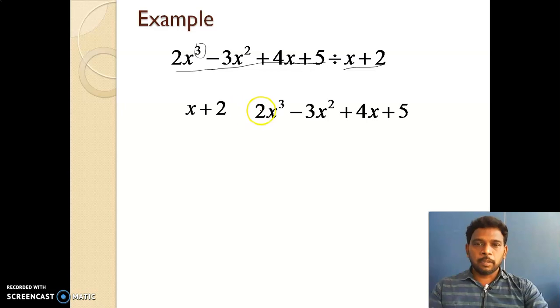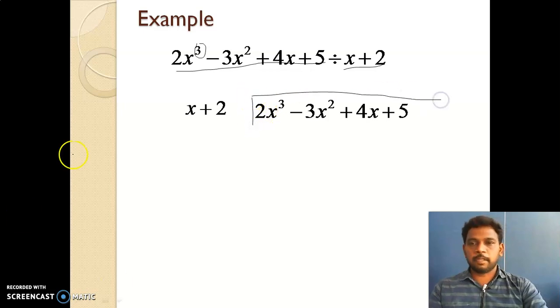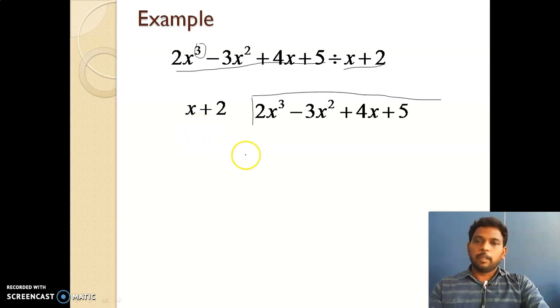So look here. This is the dividend, that is a cubic polynomial. Now we are going to divide this by this divisor. When we have to stop the procedure is very important. After dividing at each stage, you will get one remainder. We have to check the degree of the remainders at each stage and compare it with the divisor.